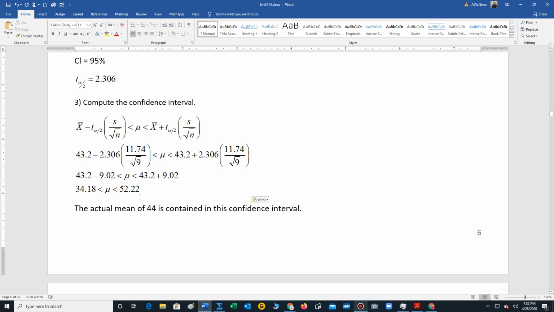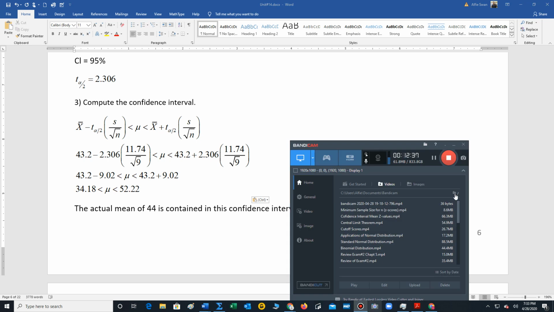Perform our calculations, and we end up with the confidence interval: the mean is going to be somewhere between 34.18 and 52.22. And if you recall, in the problem it stated that the actual mean is 44, so this shows that 44 is actually captured by our confidence interval. And that's how we compute confidence intervals when sigma is unknown.